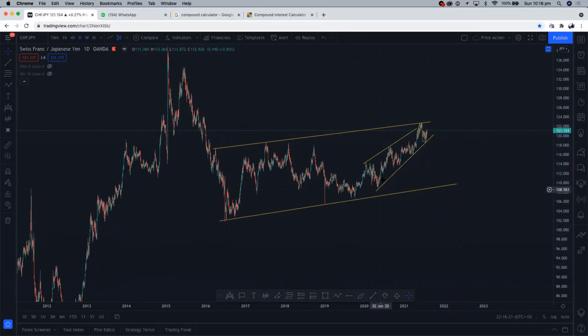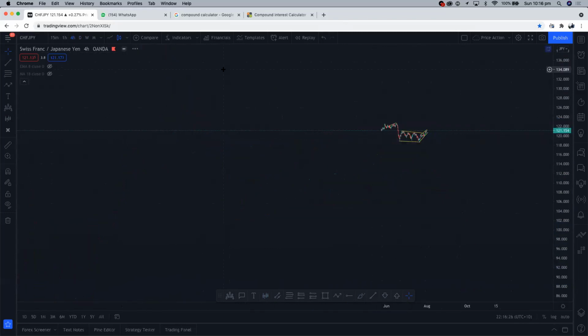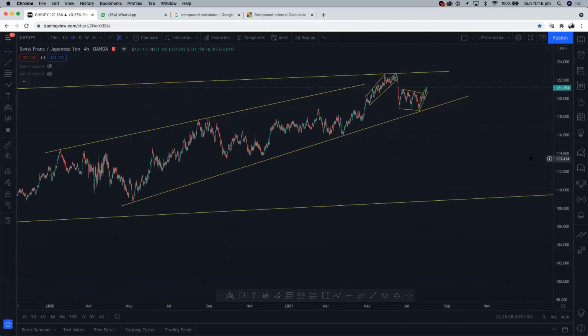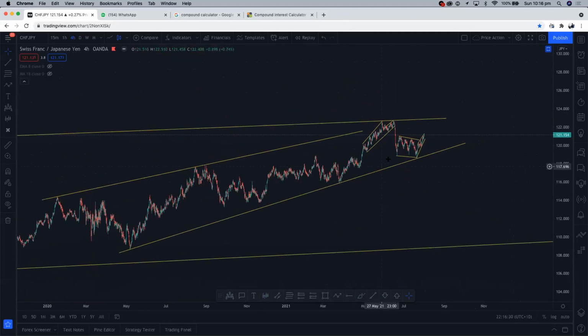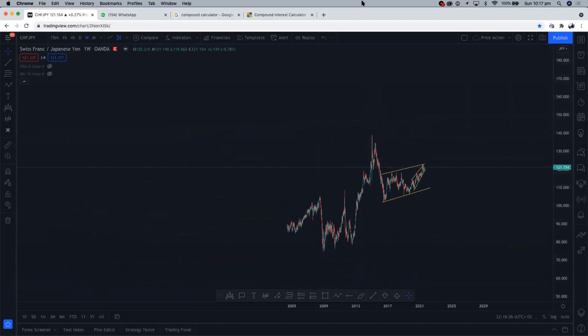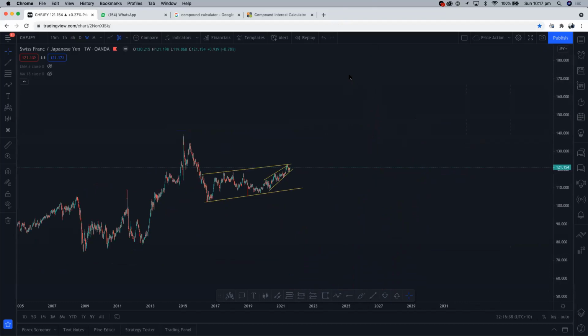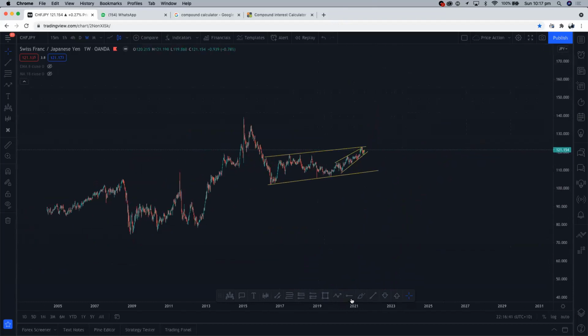This is because price has made a corrective move. If you go on the H4, let's see what's happening on the H4. Remember this reversal pattern that we have here is the same pattern that we have on the weekly here. It's the same thing here.